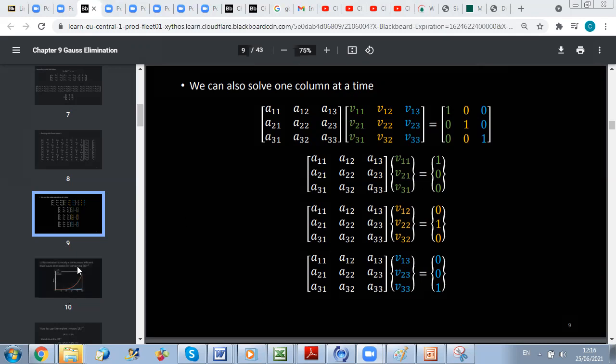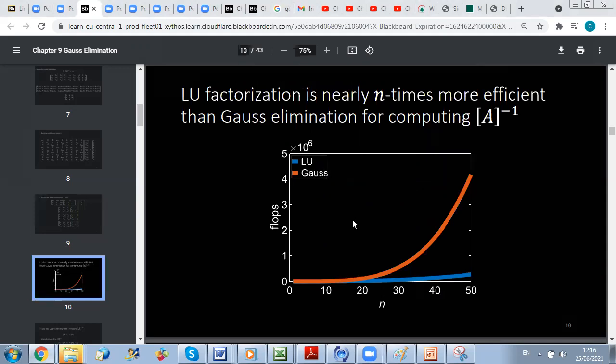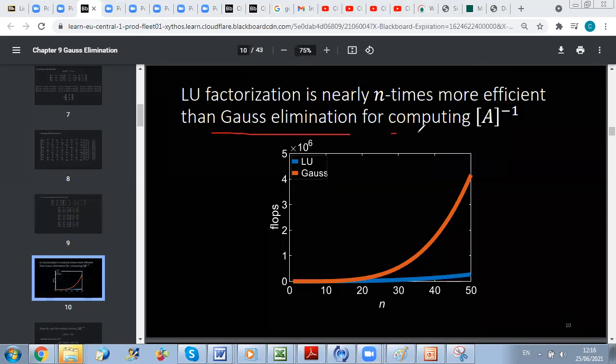Okay? So, for example here, if you compare the two methods of getting A minus 1, using Gauss elimination or using LU factorization, we can see that the higher the dimension of my matrix A, the higher the number of operations will be with Gauss.